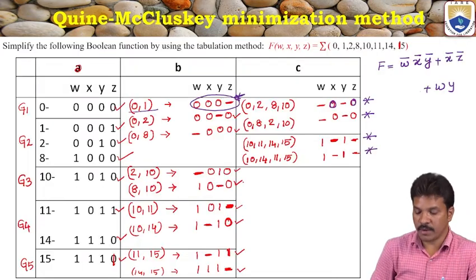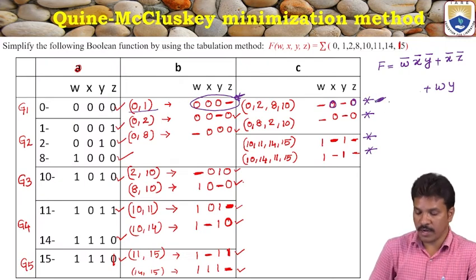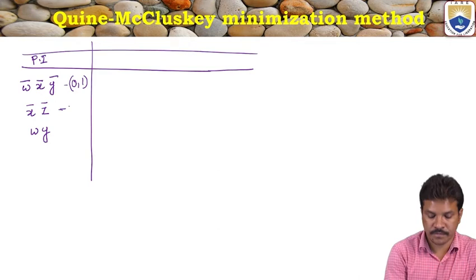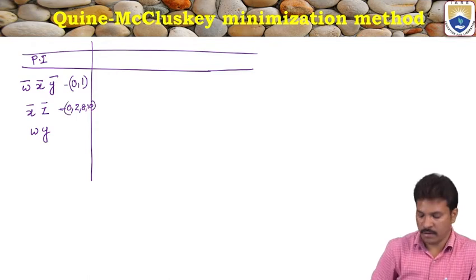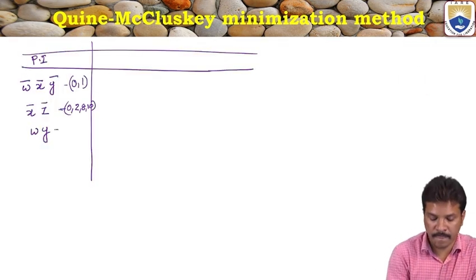This X bar, Z bar is represented by 0, 2, 8, 10. And this one, WY, is represented by 10, 11, 14, 15.